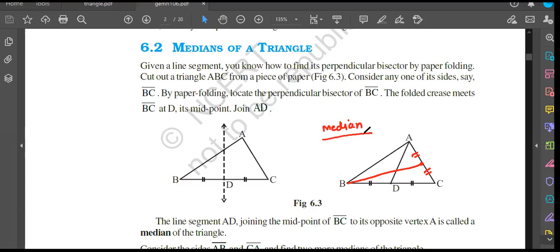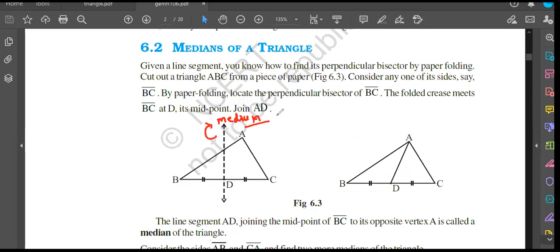So see the definition. A line segment AD joining the midpoint of BC and the opposite vertex is called the median of a triangle. Got it, everyone? Anyone have any doubts? So, is this dotted line your median?